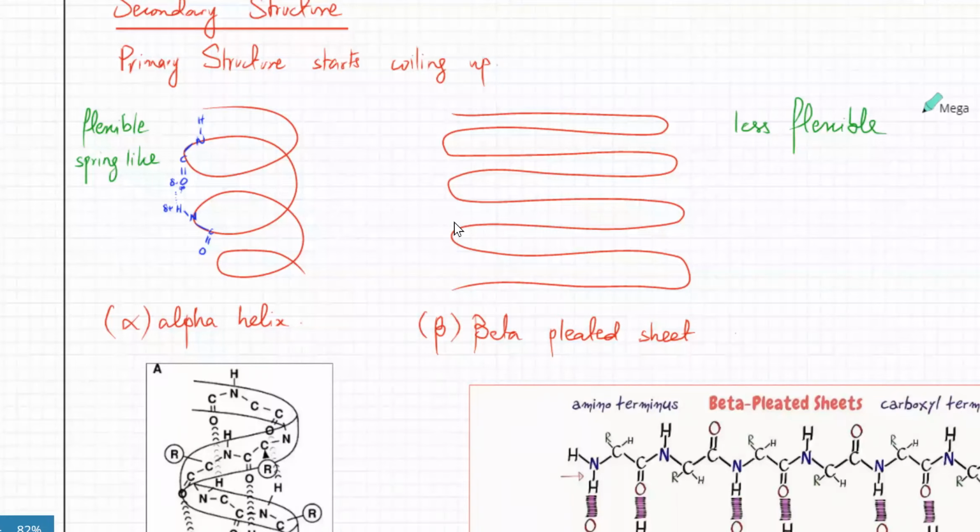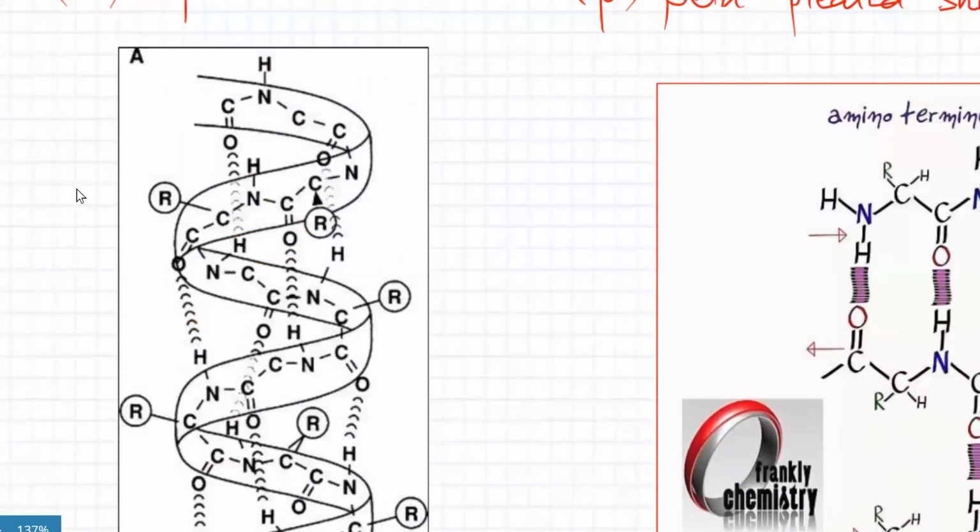So why are they less flexible? Because remember, when it's coiling up, you don't have a lot of hydrogen bonds. The top over here and the bottom over here are not forming a lot of hydrogen bonds. So if you want to pull this upwards, not a lot of hydrogen bonds are between them.